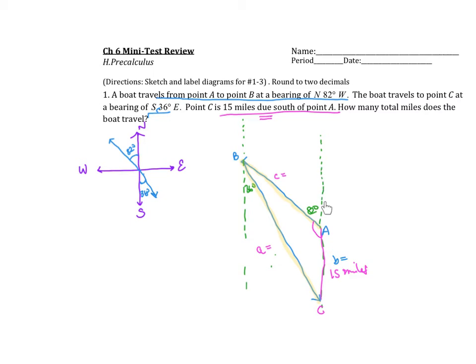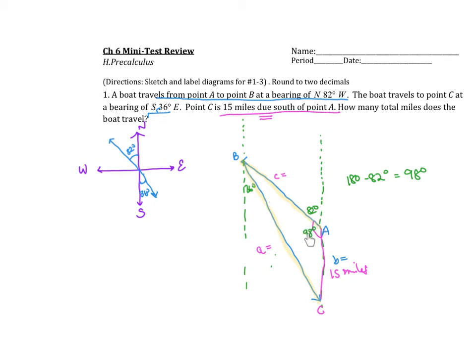Looking at this line, our north-south line, with 82 degrees, we can figure out the angle in here. Supplementary angles add up to 180, so we can find angle A by 180 minus 82, which is 98 degrees.